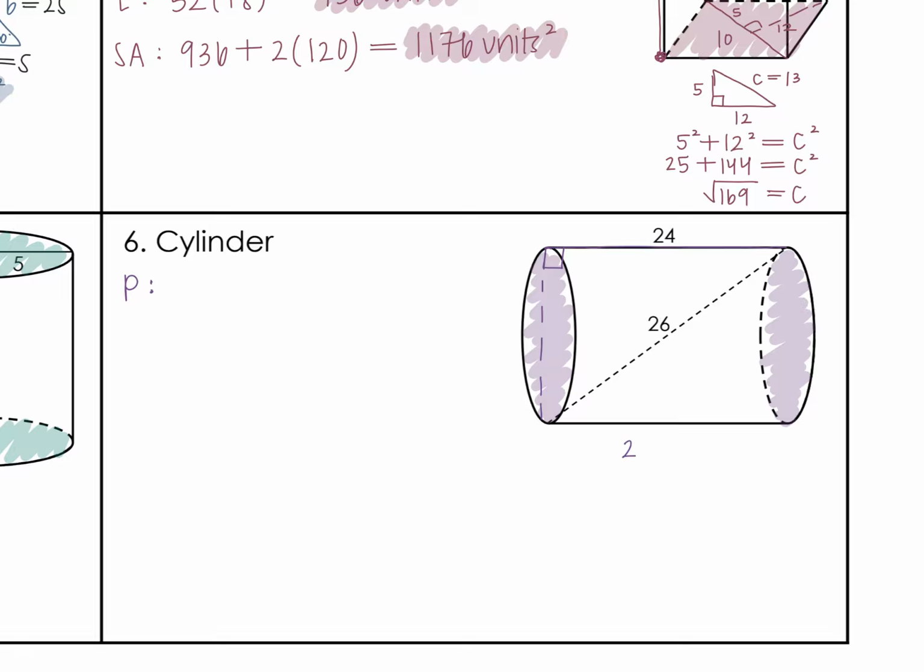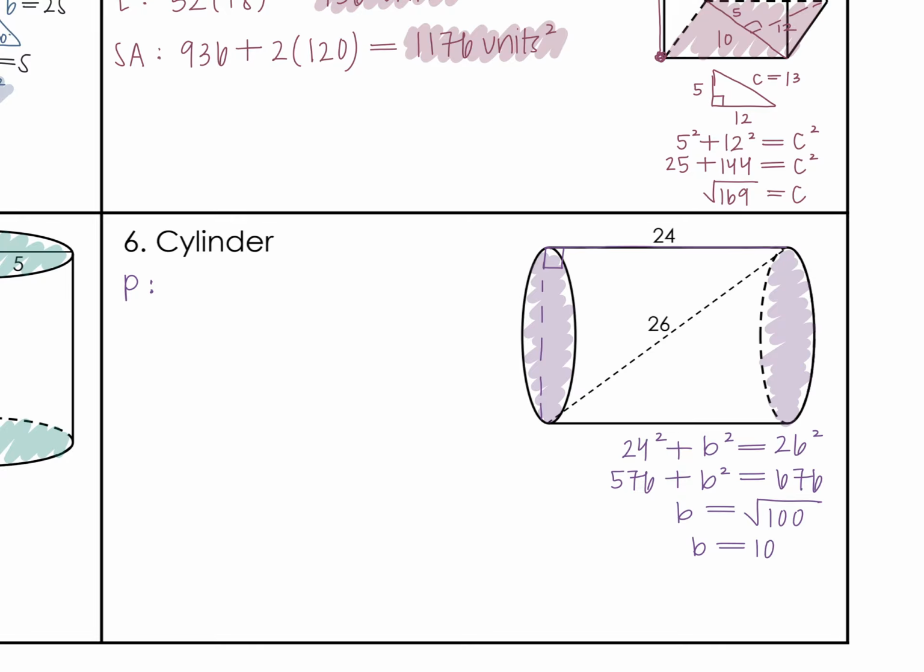We've got our 24 squared plus b squared equals 26 squared. Squaring everything here, we should get 576 plus b squared is going to be equal to 676. When I subtract, my b squared is going to be equal to 100, so taking the square root, my b is going to be 10.